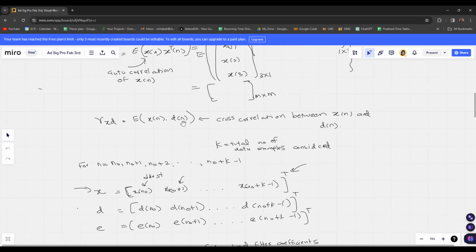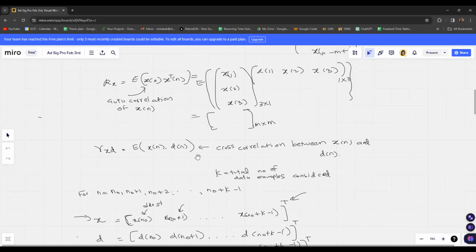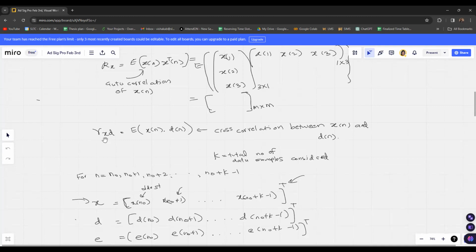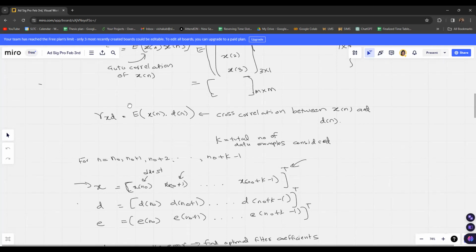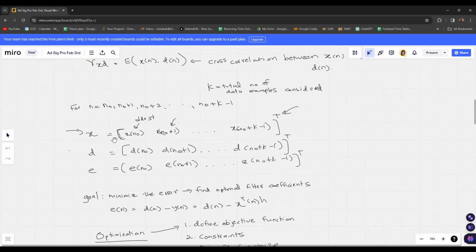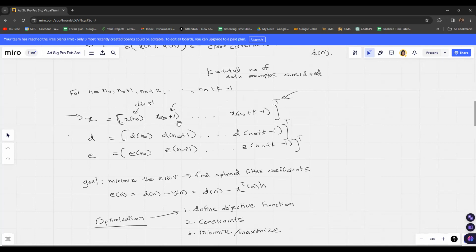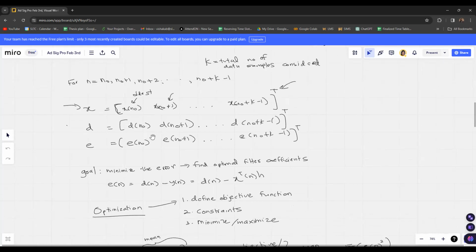Once you take the product of these two signals and then take the expectation, you will be left with a vector of certain size, the cross correlation vector R_xd. So those are the things we have obtained as the input data required for our error calculation. For error calculation, we need this autocorrelation matrix of the input signal and the cross correlation vector between the input signal and the desired signal.